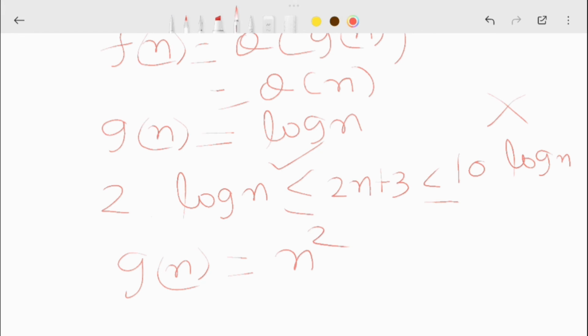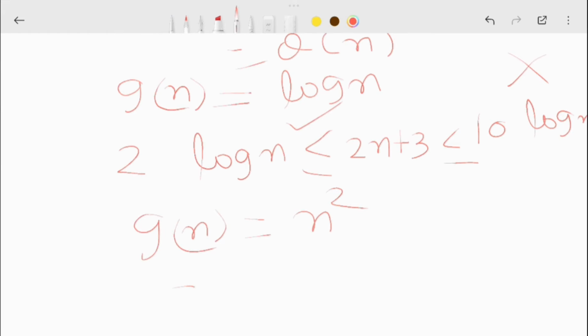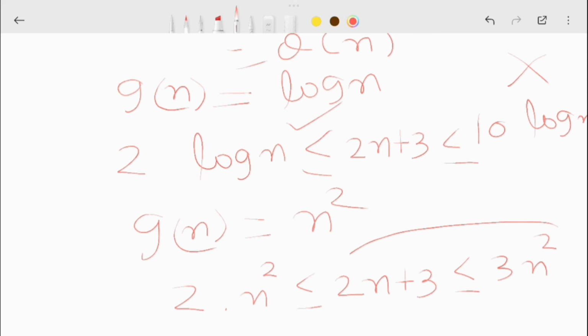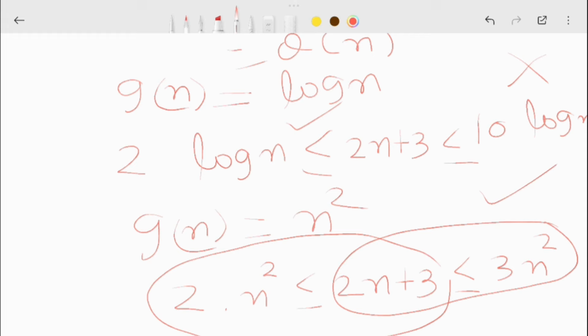The same way, we cannot use g of n as n square. Suppose we use 2 into n square less than or equal to 2n plus 3, which is less than or equal to 3n square. In this case, this condition becomes true: 2n plus 3 is less than or equal to 3n square. But the other condition is false.